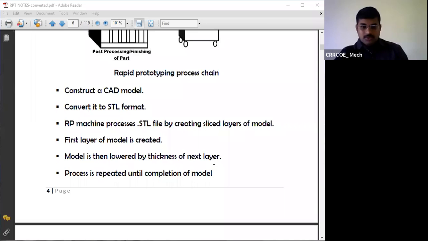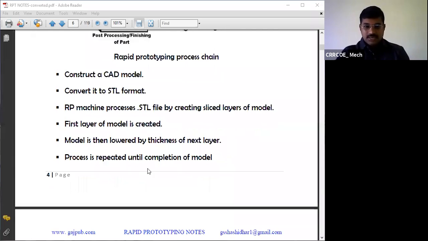We are going to produce the component layer by layer, you know that. But the first initial layer must have high thickness. Later on, layer by layer, we are going to reduce the thickness of the layer. And that is one of the important points to remember when you are going to implement the additive manufacturing process.